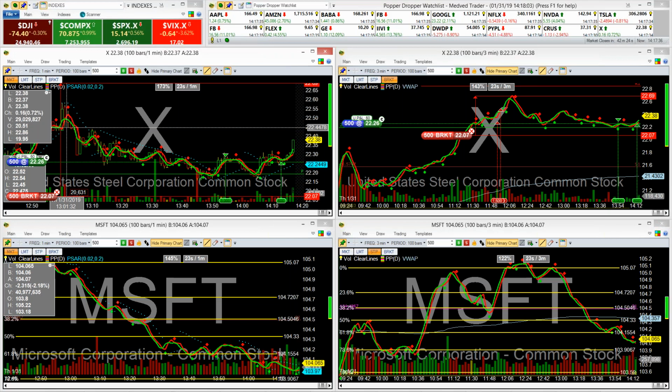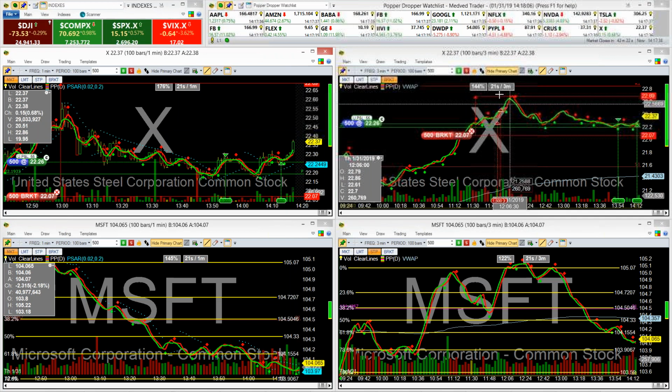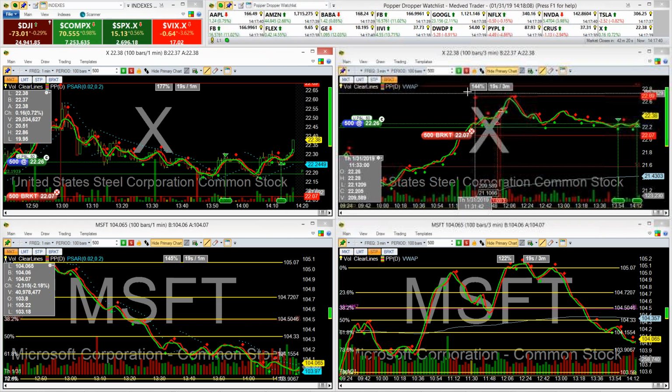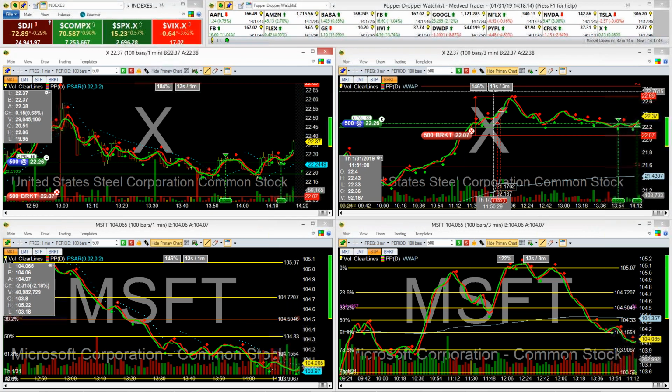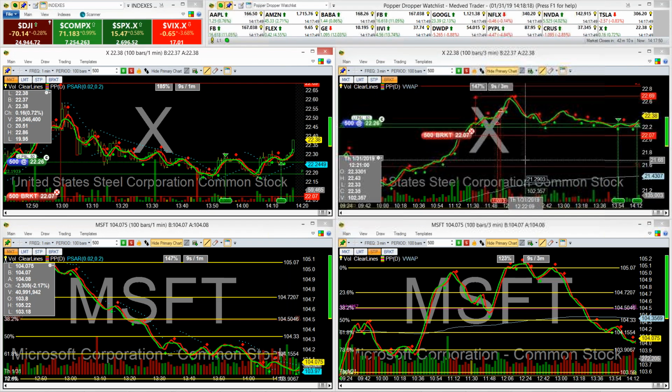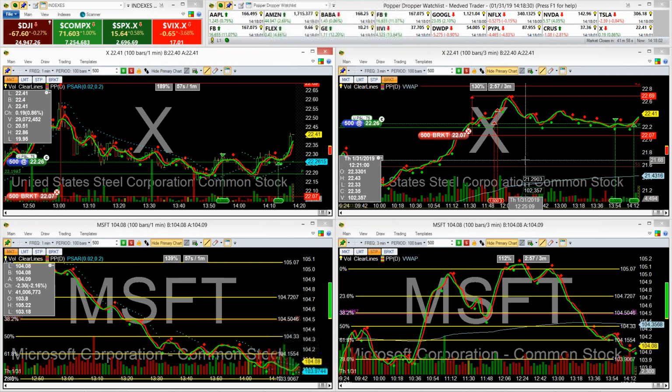So in other words, if you're on a 3-minute time frame and you still have a minute and a half to go, it's not completed yet. Like right now, we have 12 seconds left in this 3-minute. Once that interval is closed and complete, if the cross doesn't undo itself, then the arrow will lock into place.